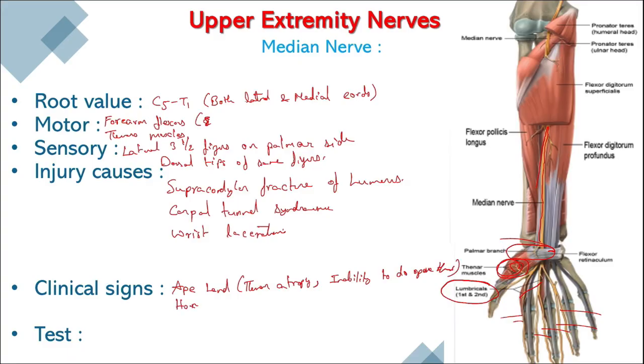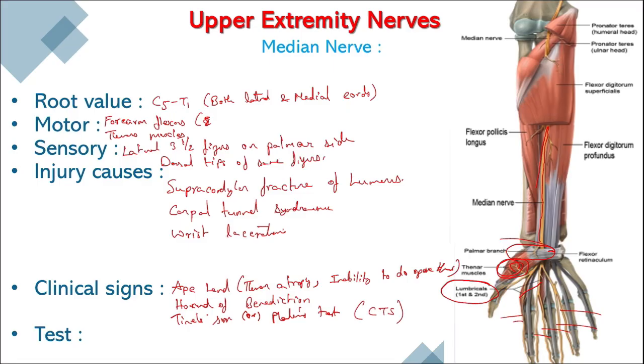Clinical signs we can see are hand of benediction and making a fist, and we can check Tinel's sign or Phalen's test. If Phalen's test and Tinel's sign are positive, then we have to think that it is carpal tunnel syndrome.